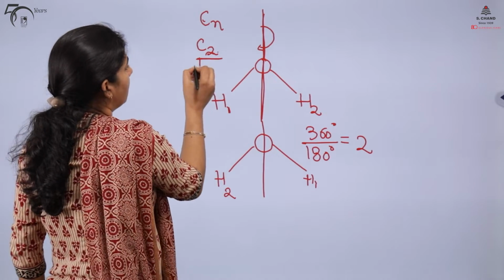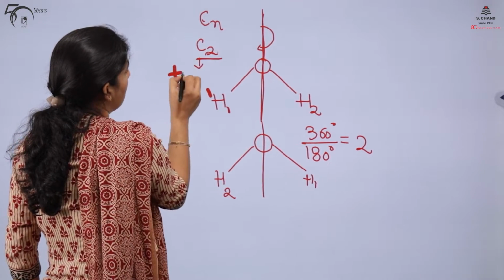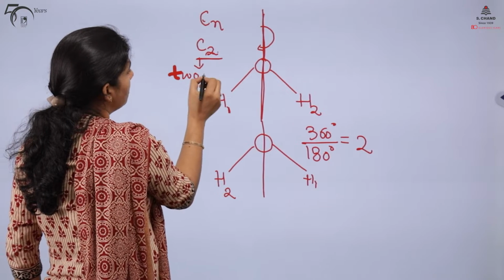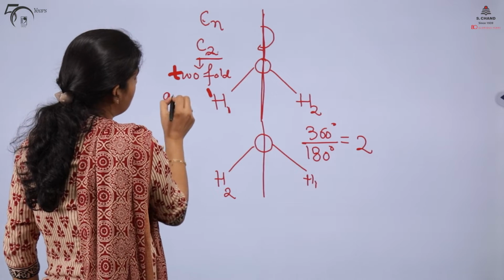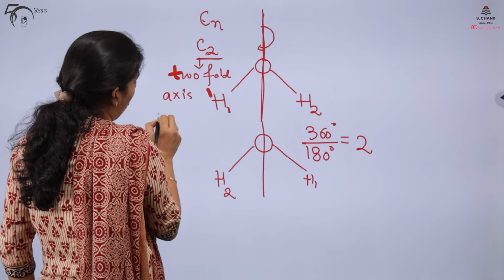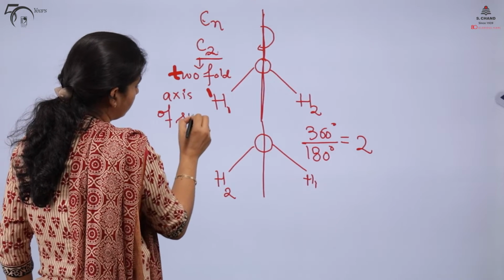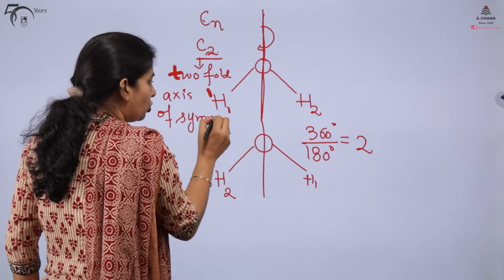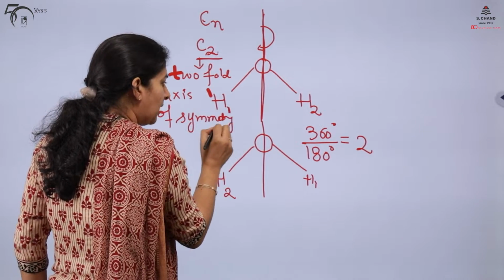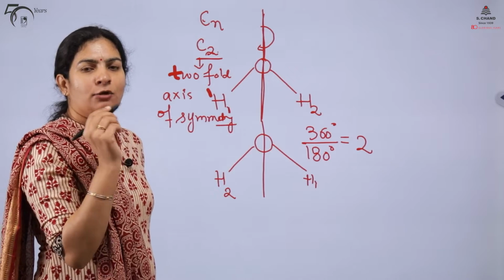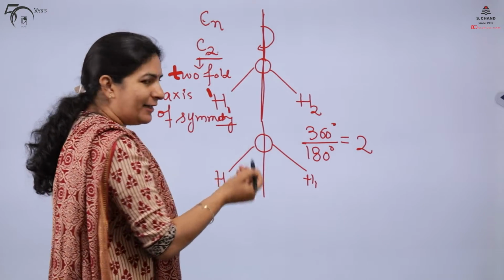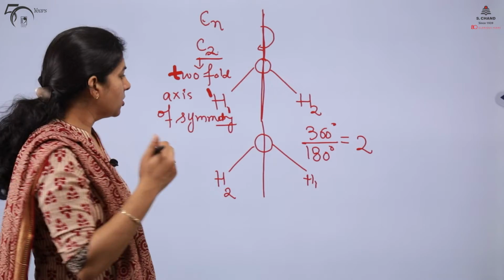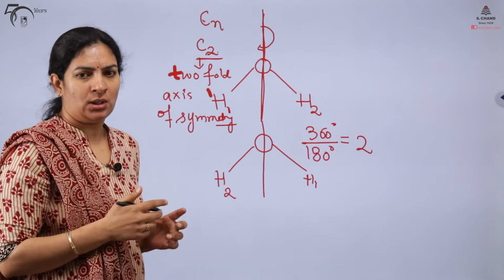This C2 axis of symmetry is also known as a twofold axis of symmetry, which means that in a complete cycle of 360°, the water appears identical twice.